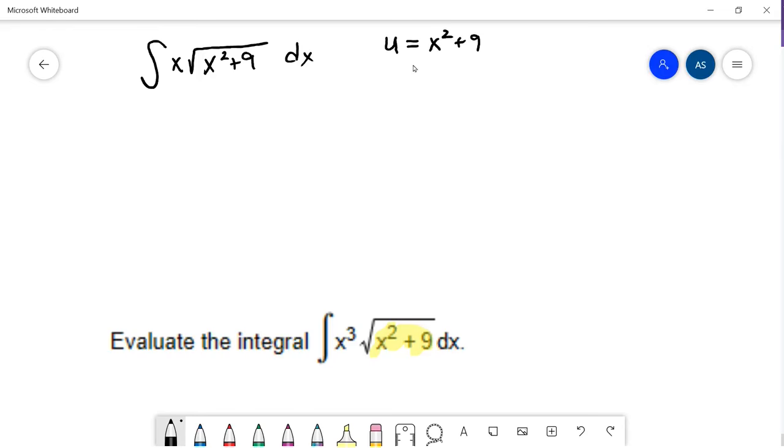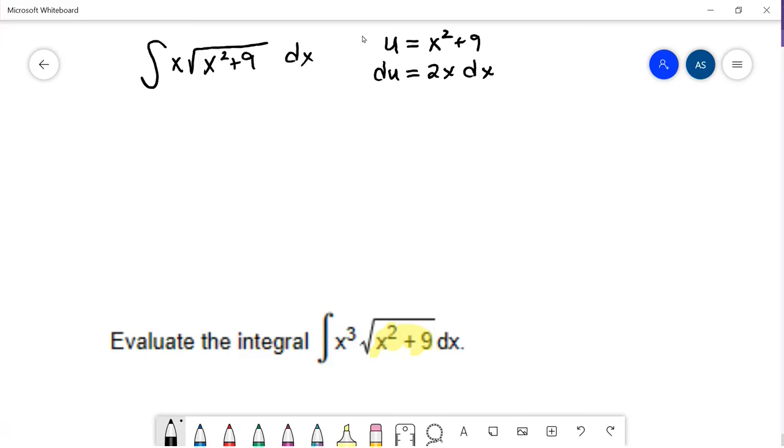Then we're going to calculate the derivative, and we're going to use the differential form of the derivative. So this will be du equals 2x dx. So the derivative of x squared is 2x, and differential form is having this du and dx.